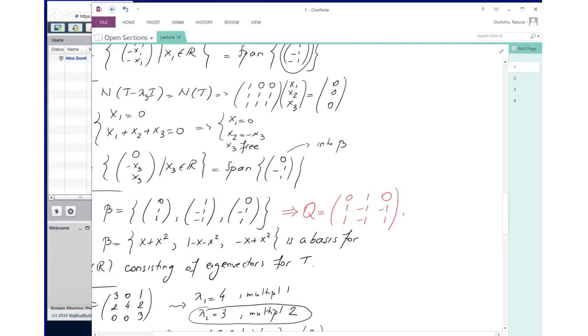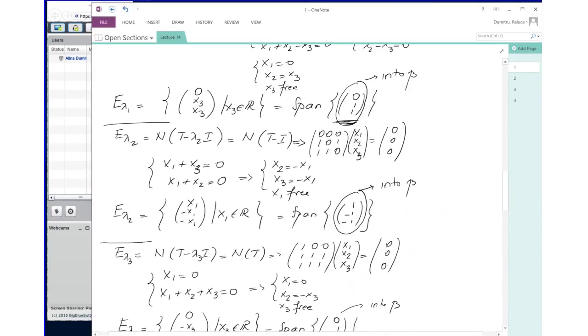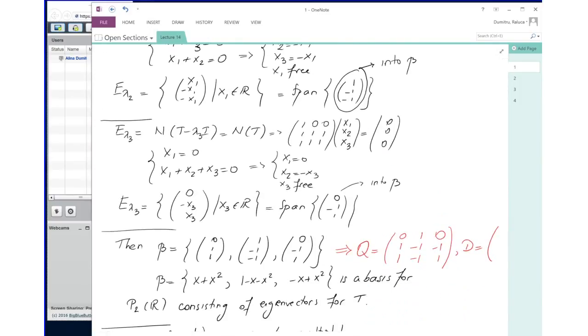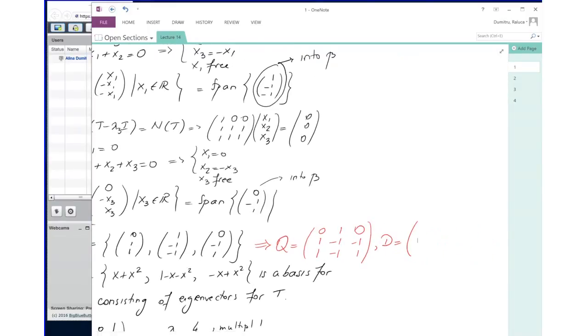What is the matrix D? That diagonal matrix? Well, it must have the eigenvalues on the diagonal. What were the eigenvalues? 0, 1, and 2, but it doesn't matter in which order I place them. I can do a diagonal like 0, 1, 2, or 1, 2, 0, or 1, 0, 2. Theoretically it doesn't matter, but once I made this choice here, that decides my choice for D, because I decided to go with this vector first.